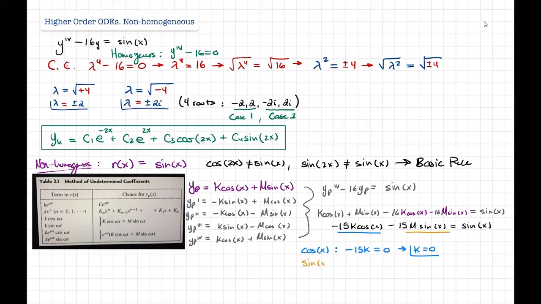For terms that have a sine of x, I have negative 15M, and on the other side, I have 1 sine. Solving from here, we get that M is equal to negative 1 over 15. So I can plug that back into my YP. Then YP is equal to negative 1 over 15 sine of x.